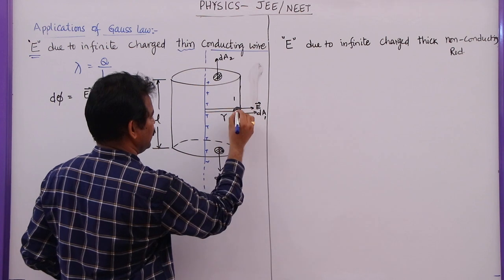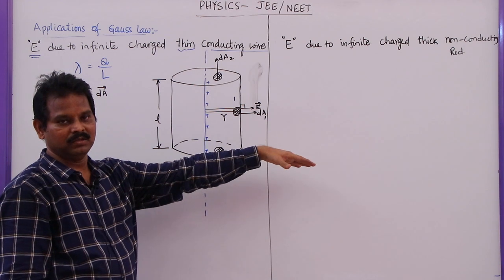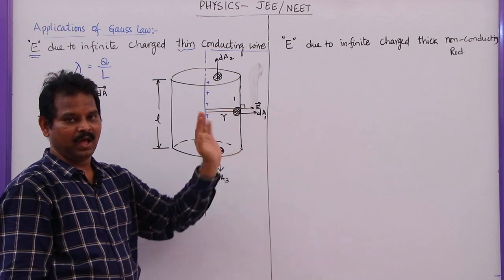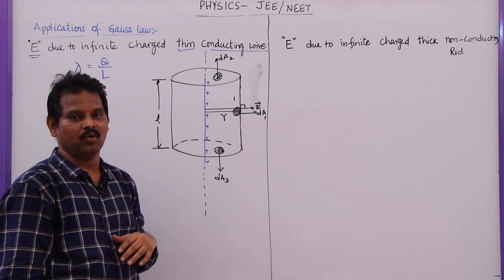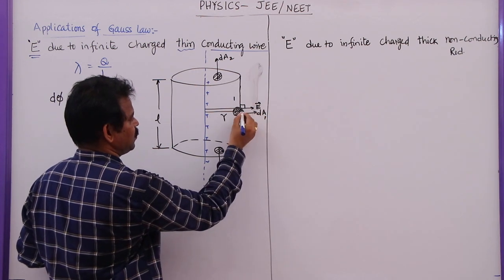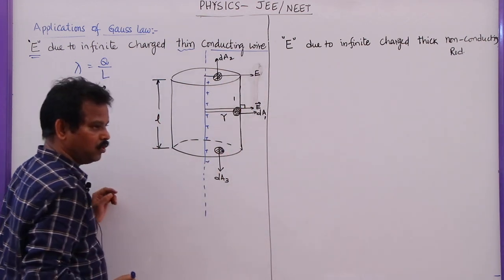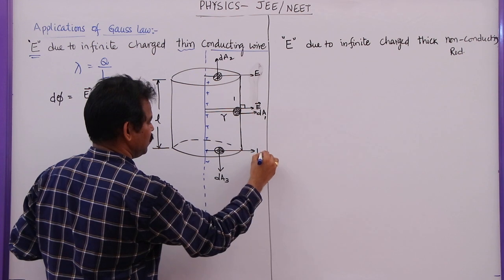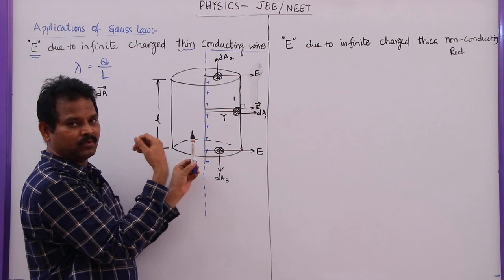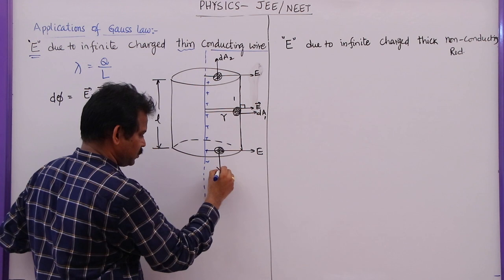As I discussed in the earlier cases, the field must be perpendicular to the closed Gaussian surface or tangential to it. Here for surface 1, the electric field is perpendicular to the closed Gaussian surface. Here the electric field is tangential to the closed Gaussian surface. Here also the electric field will be like this only, because due to this charge distribution, lines will be going outwards radially, but this area vector is perpendicular to it.